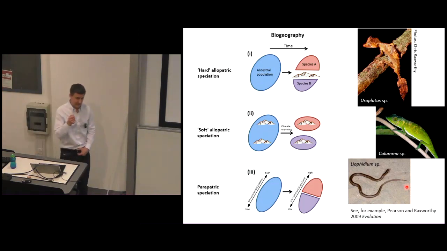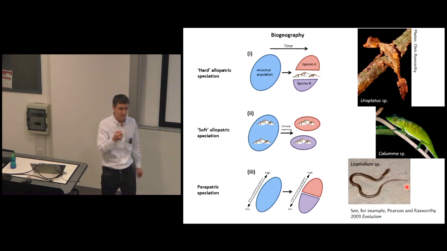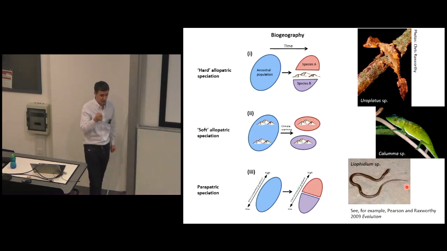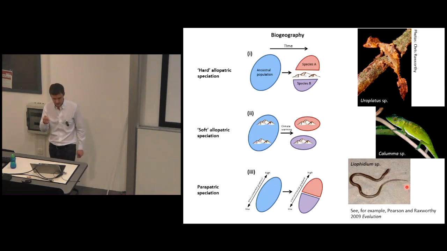But I've spent the last half hour or so talking to you about how distributions shift over time, so we're not going to infer too much from the present-day patterns of distribution, but they at least are a good starting point, and they show some signal of the original geography of speciation.